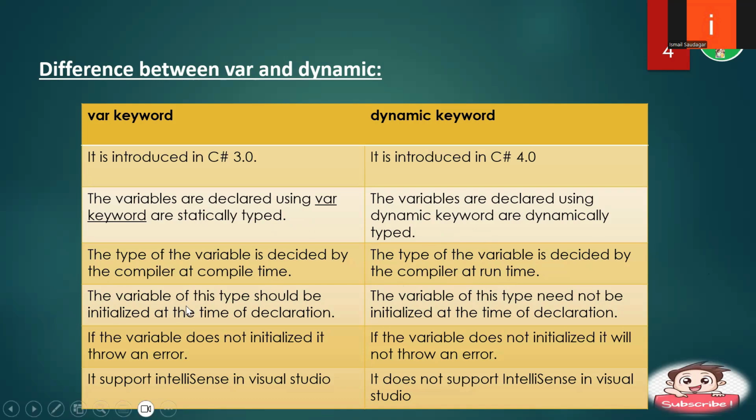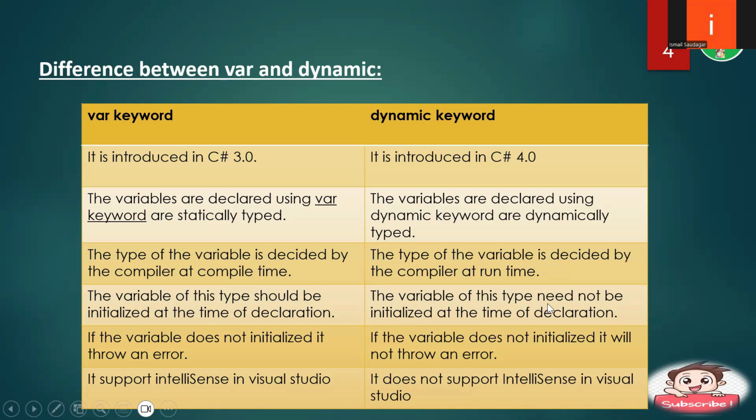The variable of this type should be initialized at the time of declaration. Here, the variable of this type means the variable which we have declared by using the var keyword. As we have seen in the practical example, it was giving an error when we did not initialize it.